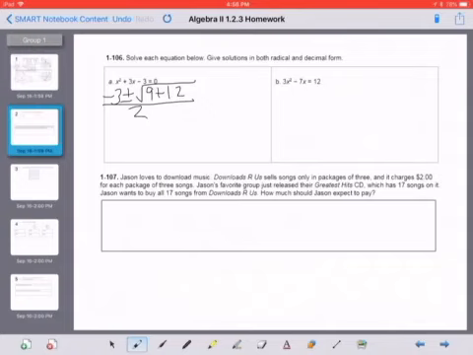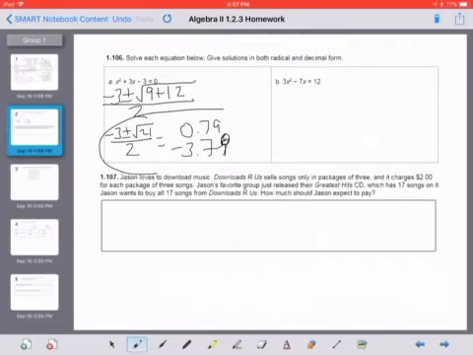So 9 plus 12 is going to give me 21. So in radical form, the answer is negative 3 plus or minus the square root of 21 divided by 2, which is equal to approximately 0.79 and negative 3.79. So both of these needed to be our answer because it was in the instructions.